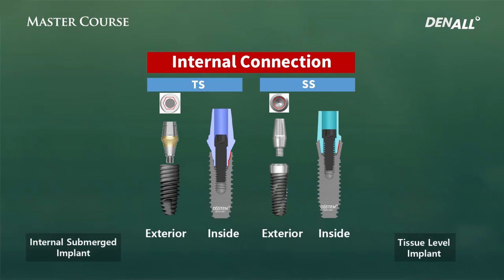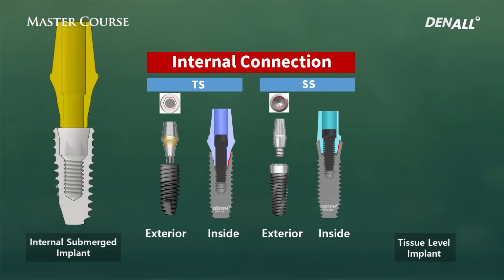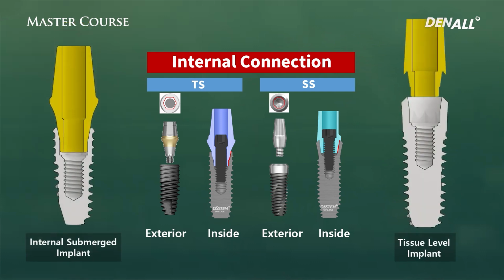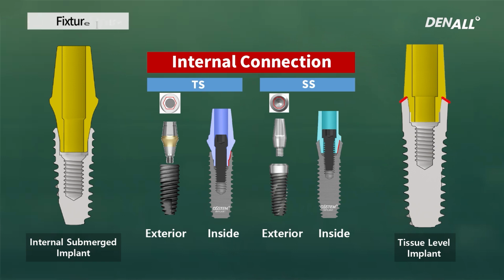That is the same, but the internal connection shape is different. Hex versus octa. In the tissue level implant abutment connection, there is a stop at the fixture, but in the internal submerged implant there is no such stop.